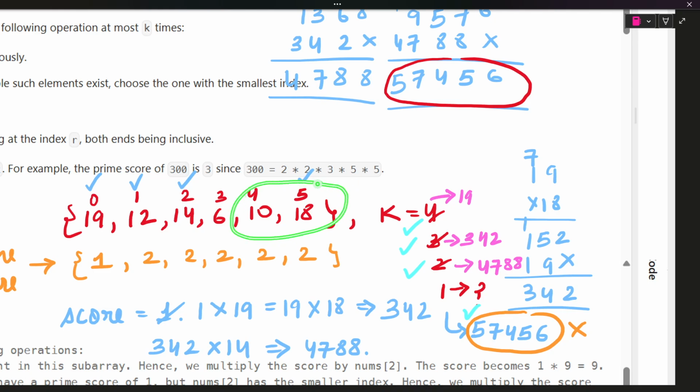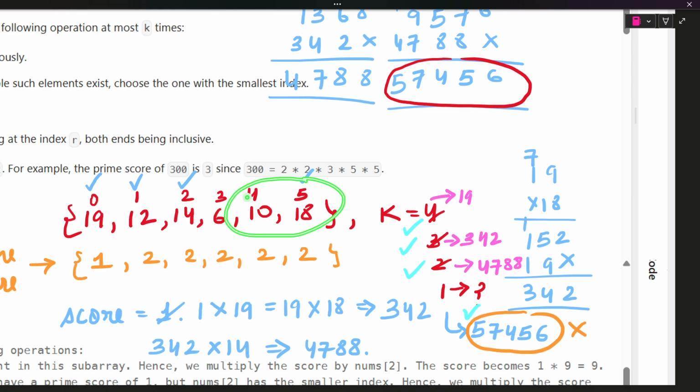Can we choose 18? No. But why? 18 is greater. Yes, but it has a lesser, see. Can we choose 18 in this array? No. Why? It has the same prime score. Okay. 18 is greater also, right?